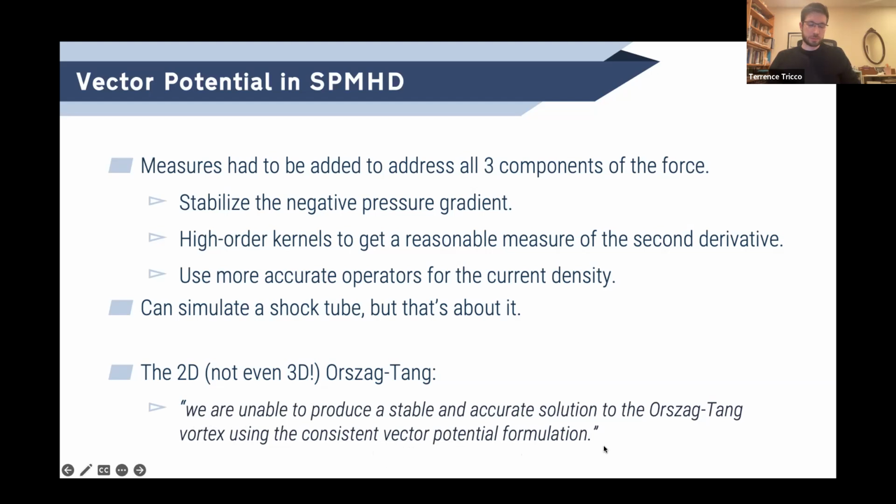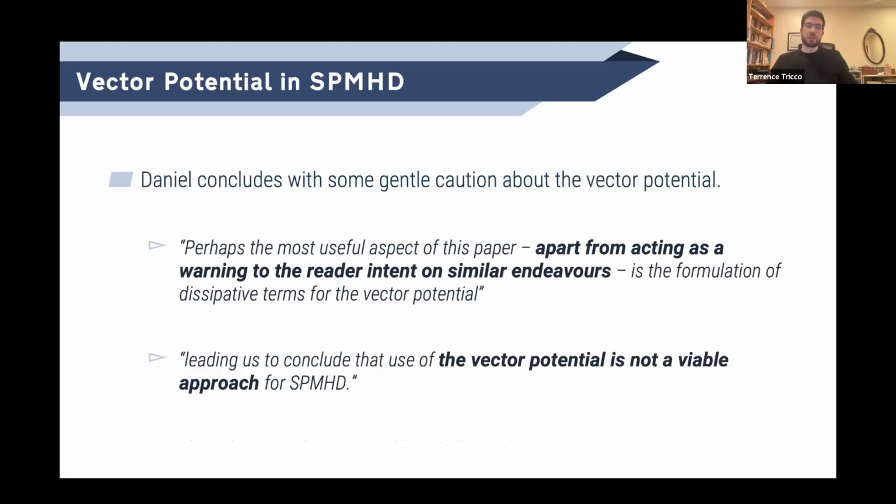It's basically dead in the water. So Daniel concludes with some gentle caution about the vector potential, saying, perhaps the most useful aspect of this paper, apart from acting as a warning to the reader intent on similar endeavors, is the formation of the dissipative terms. And he concludes that the vector potential is not a viable approach for SPMHD.